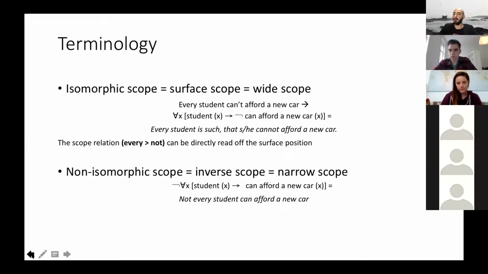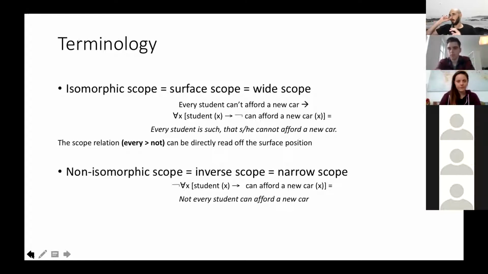Yes. So basically, I can also forward you the explanation of Mike that was very clear. The idea is that wide scope of something is always relative to something else, right? So the subject can have wide scope, or the object can have wide scope with respect to the subject.